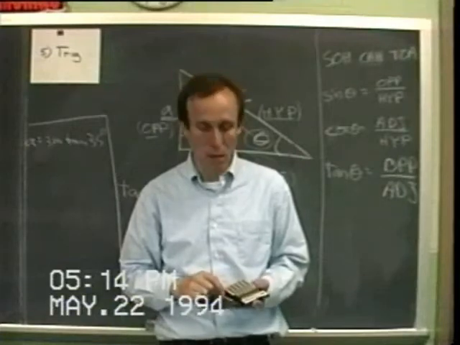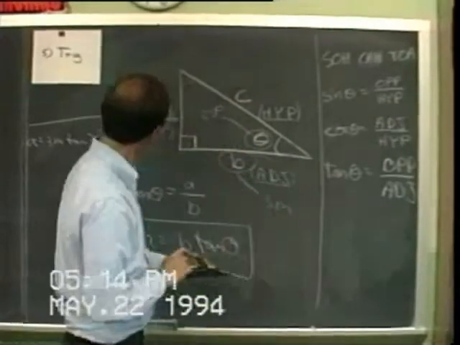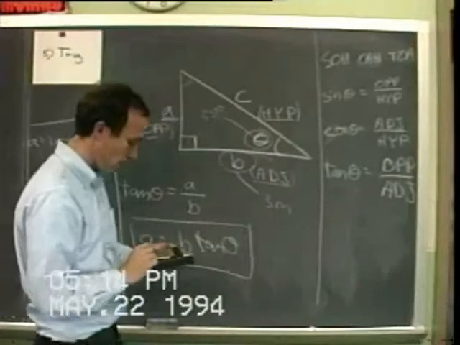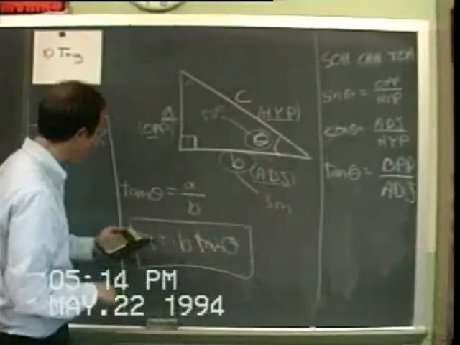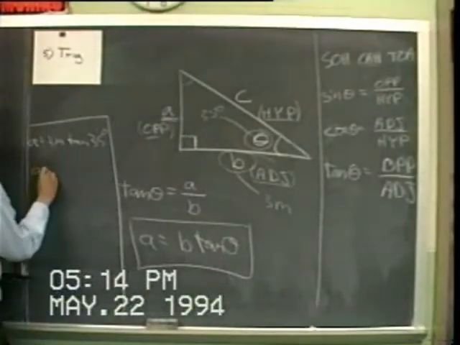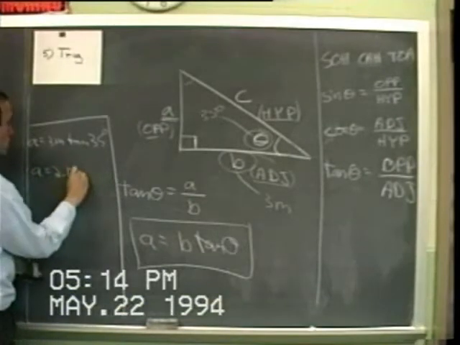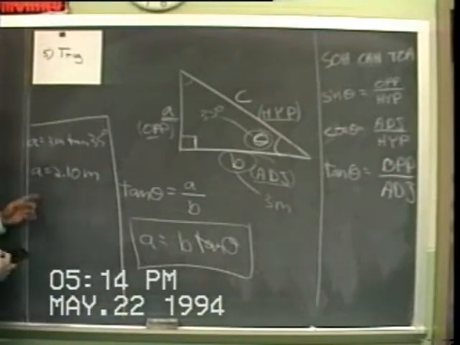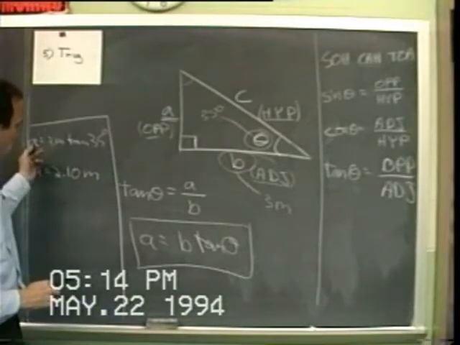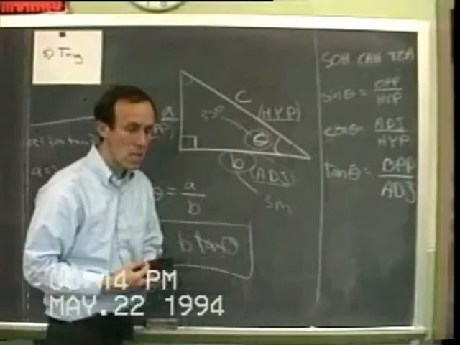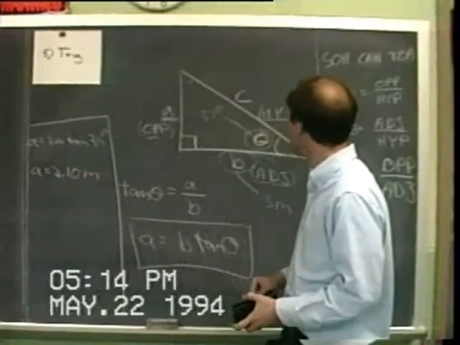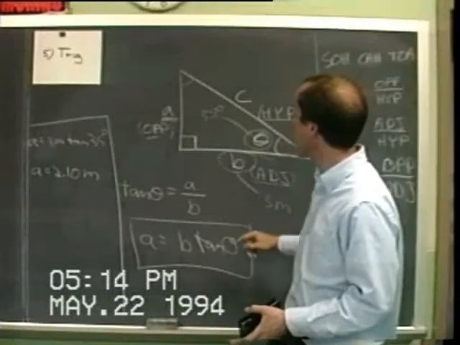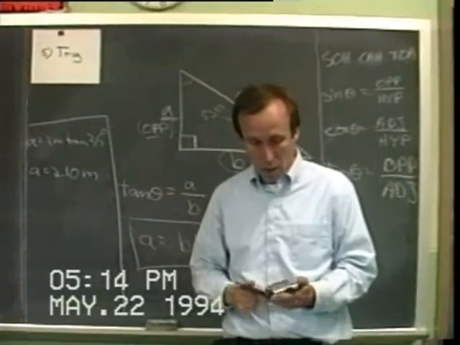That gives me the tangent of 35. And then times 3, 2.10. I note that A is smaller than B. With a small angle here, we've got to expect that, a little check.